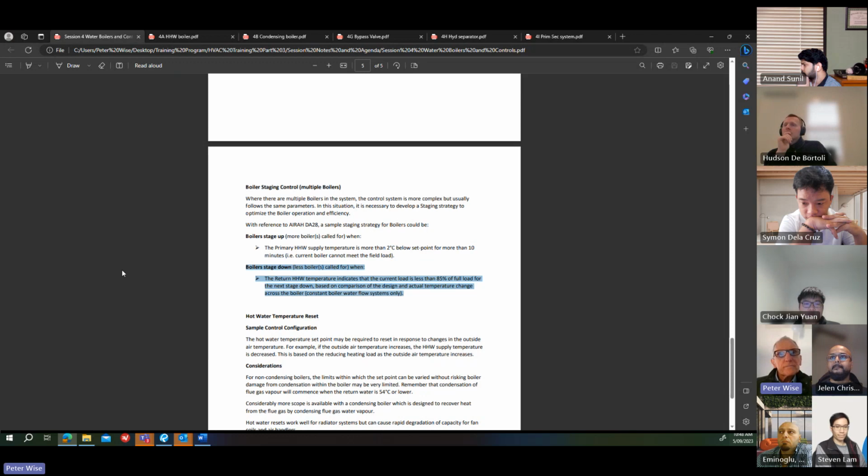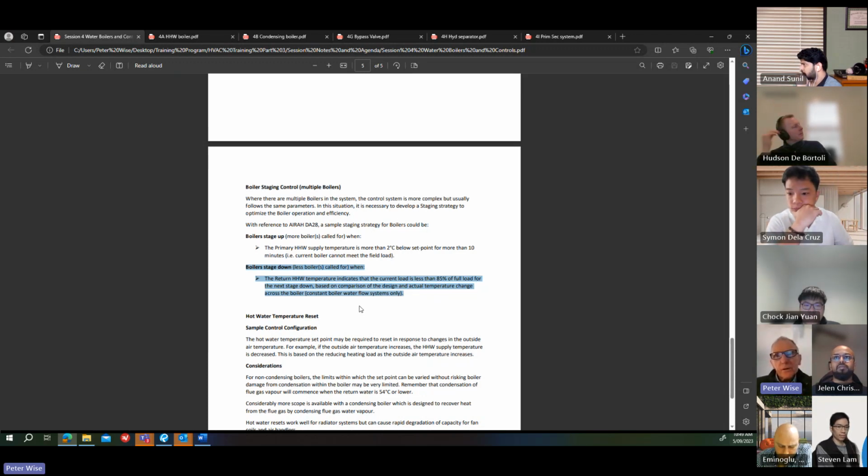Boiler staging down, which means you need less boilers to meet the load. If the return water temperature indicates that the current load is less than 85% of full load for the next stage down, based on comparison of the design and actual temperature change across the boiler, then you can turn a boiler off. You might want to have a read through that again, but all it's saying is that the control system is looking at what's happening in the field.